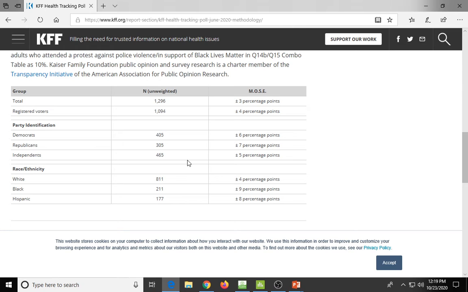So 0.71 times 0.29 over 211 would give us... I think it's like 0.06, isn't it? Oh no, it's not 0.06, it's 0.03 or something.